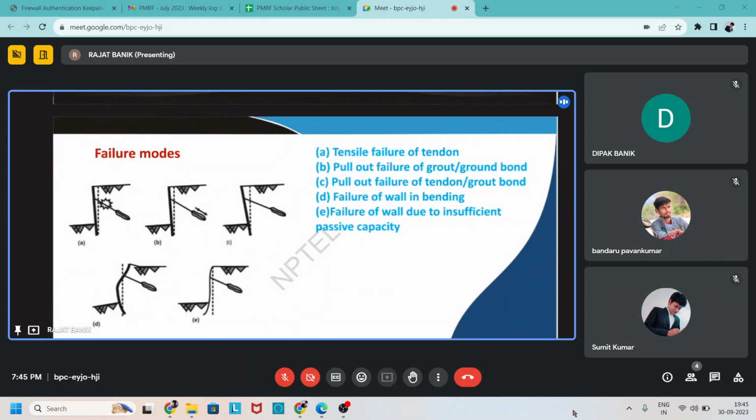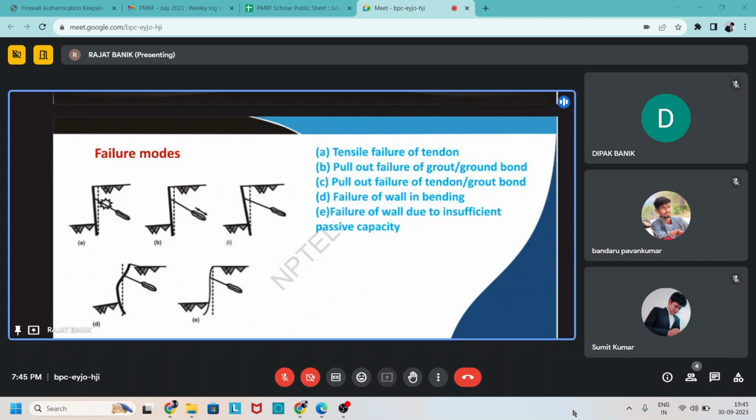Similar to the soil nail, it fails by tension if the load exceeds the ultimate tensile strength of the tendon, due to lateral movement of the wall. This is one type of failure.